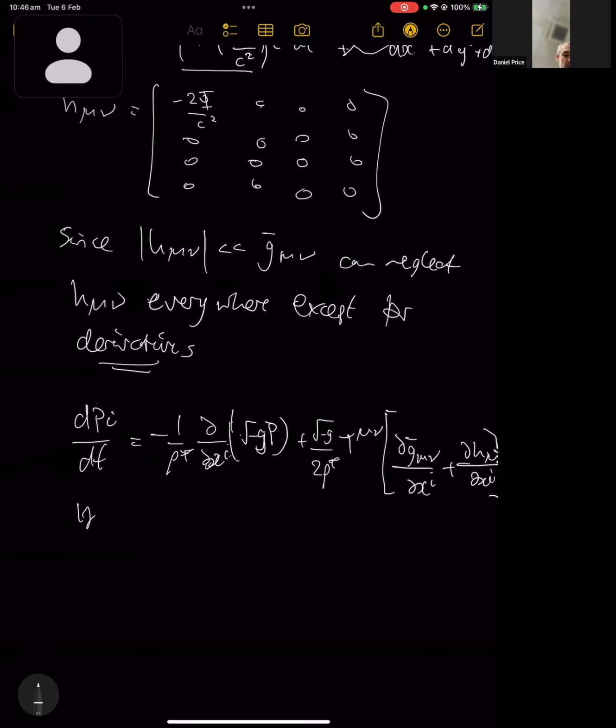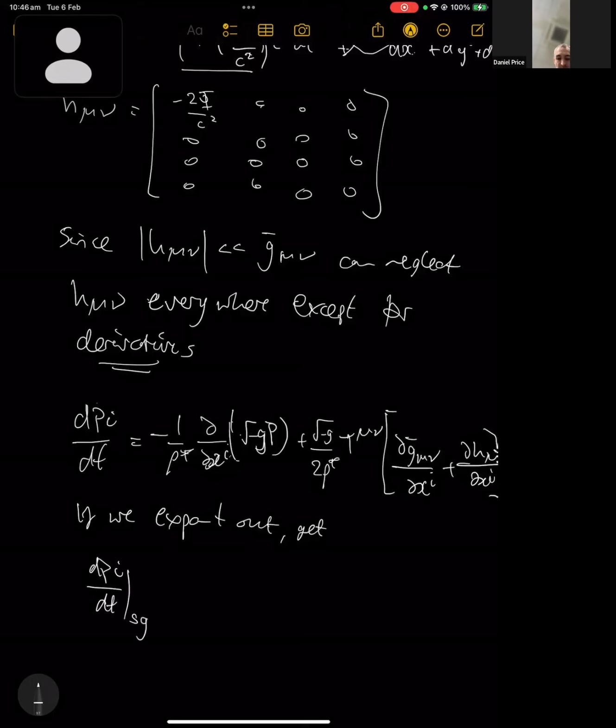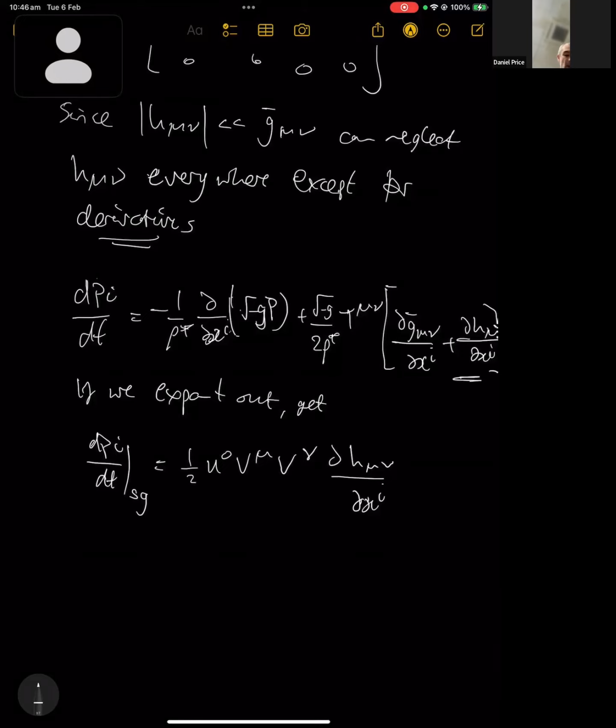Okay, if we expand out this extra term, we get d pi dt. Let's just consider the self-gravity term, so just this term alone. The extra bit is equal to half of u naught v mu v nu dh mu nu dxi, neglecting some higher order terms.